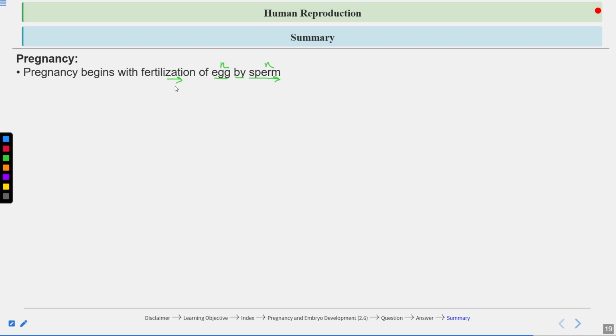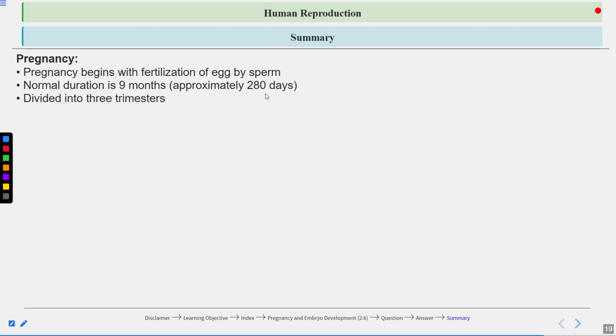And in elephants, maximum can be 22 months. Now, normal duration is 9 months in human females, which is approximately 280 days. Now, the gestation period of pregnancy is divided into 3 trimesters. Each trimester is for 12 weeks.